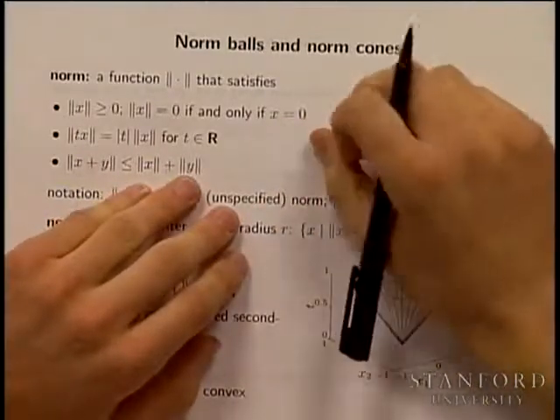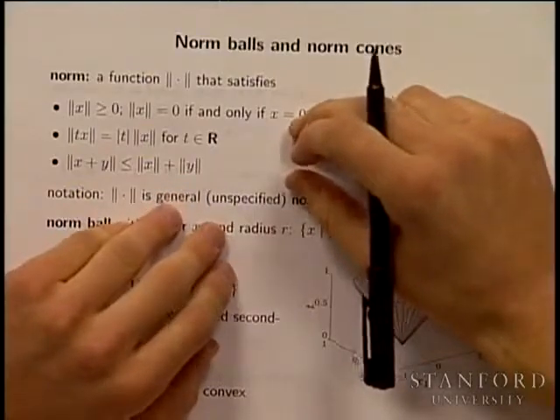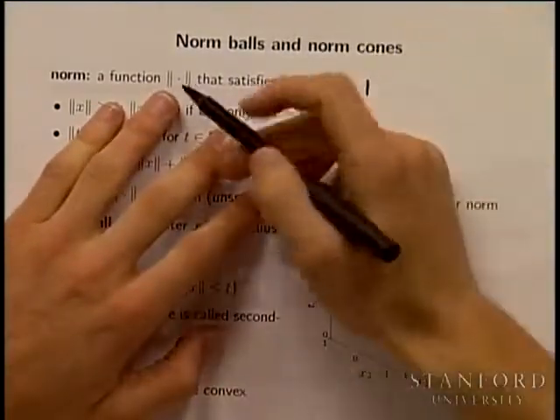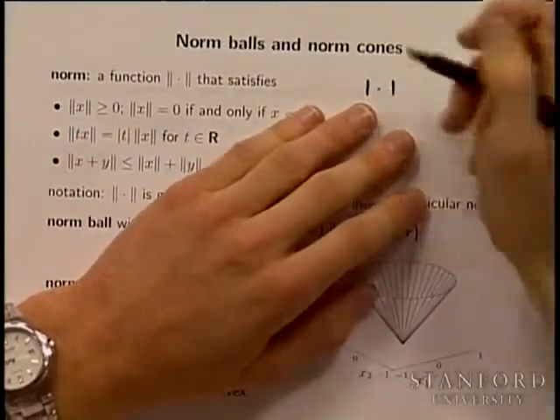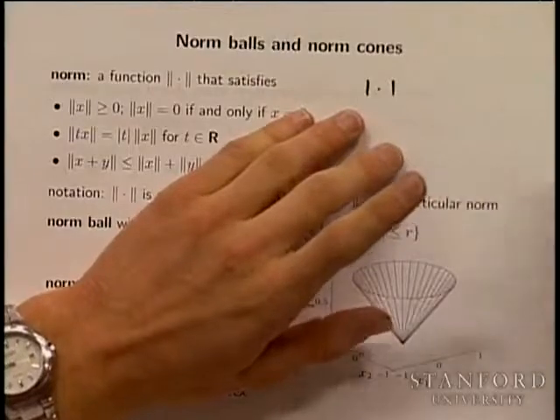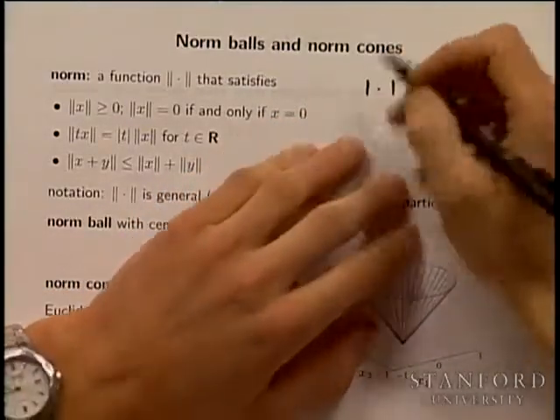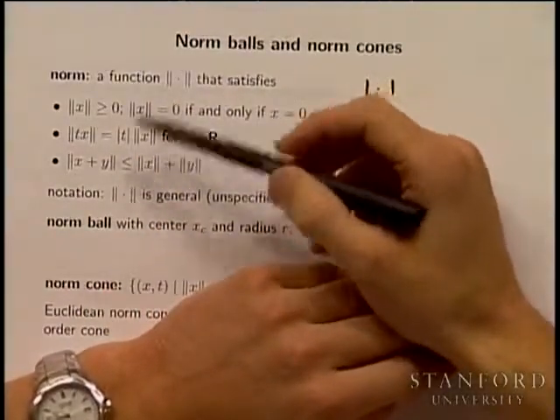You can verify quite quickly that the Euclidean norm does in fact satisfy these, and there are various other ones as well. So just a little point is that this notation here is suggestive of the absolute symbol, which is a norm in the space R. So you'll note that if you take the absolute value of a number, it's going to satisfy all of these things in the space R.